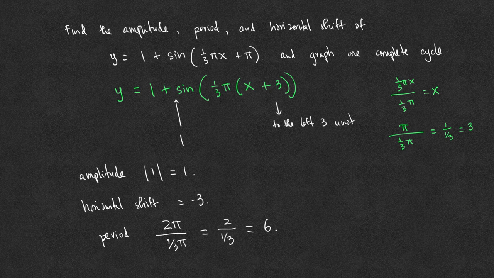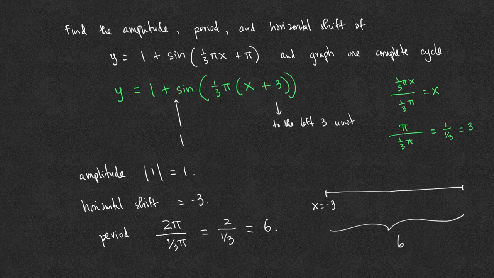We end up with 2 over 1/3, but 2 divided by 1/3 is 6, and so the period is 6. Instead of using the transformation of sine to graph this function, we're going to use the 5-point technique. To use it, we will take the period, which has a distance of 6, but we need to start at -3, which is the horizontal shift. Starting from the horizontal shift, we go to the right a distance of 6 units to complete one cycle, because the period is 6.